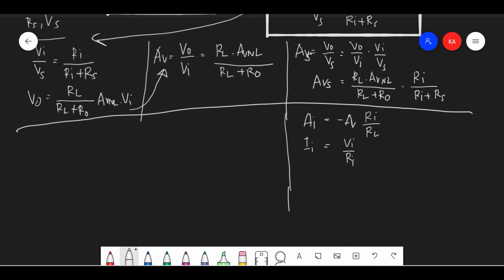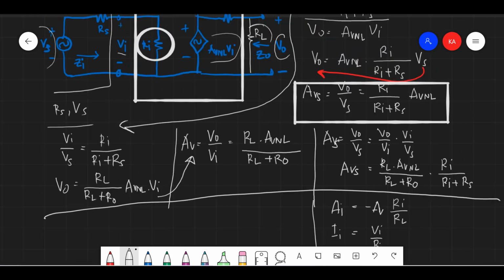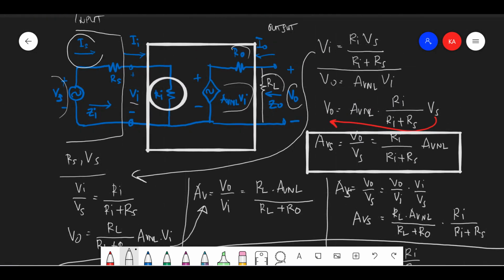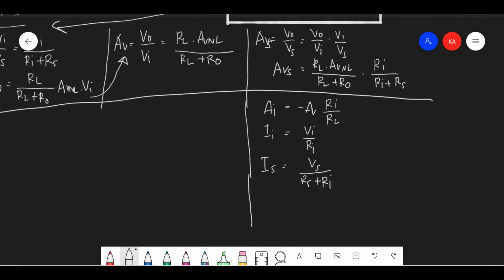Or if we want to use the total current gain, we use Is equal to Vs per Rs plus Ri, because this is a series connection.